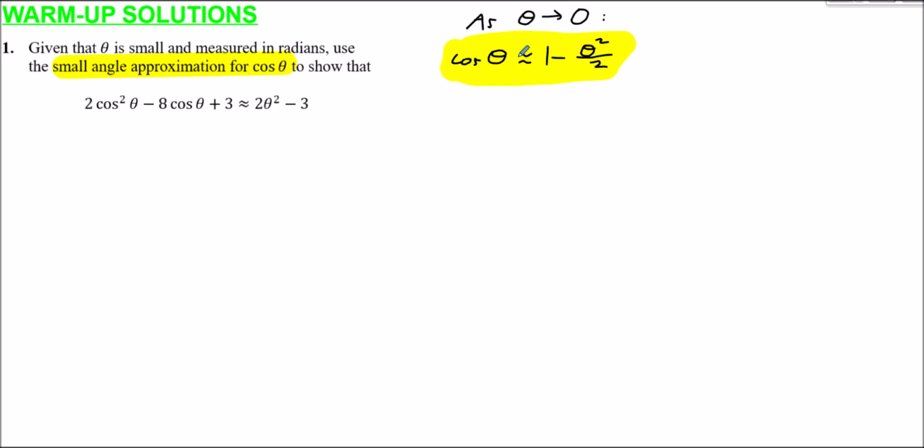So what we're going to do now is substitute this in place of cosine theta into this equation here.